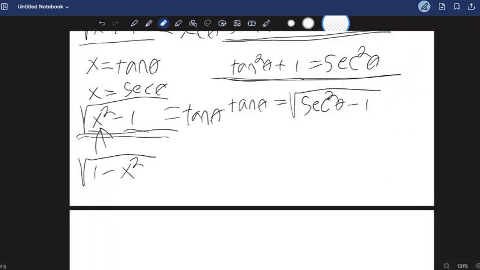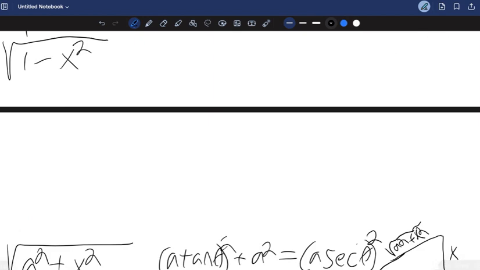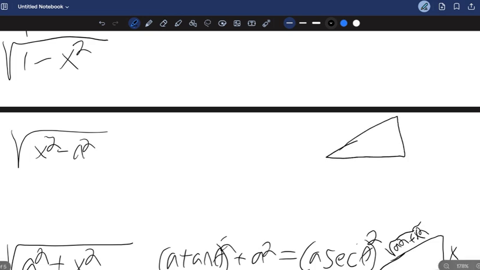And let's make this small. Got some space. If I had the square root of x squared minus a squared, I would start making my triangle with sides C, B, and A, and then a squared plus b squared equals c squared.